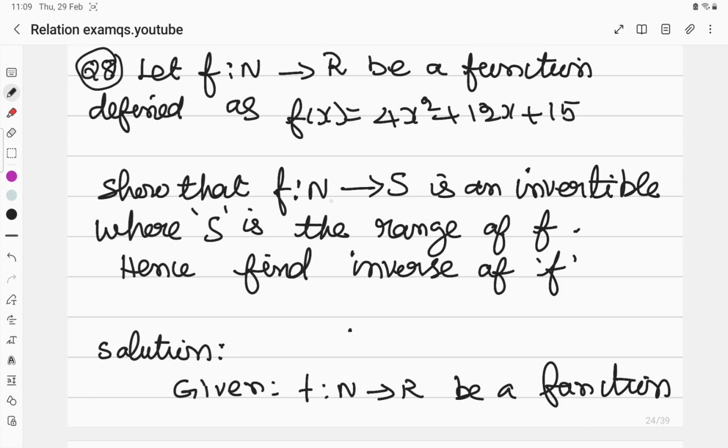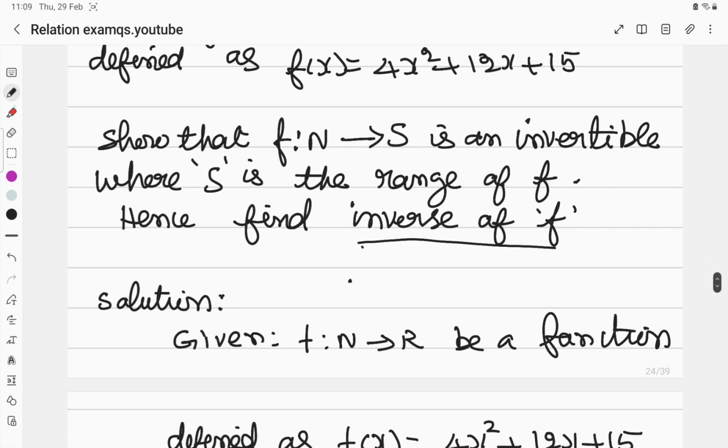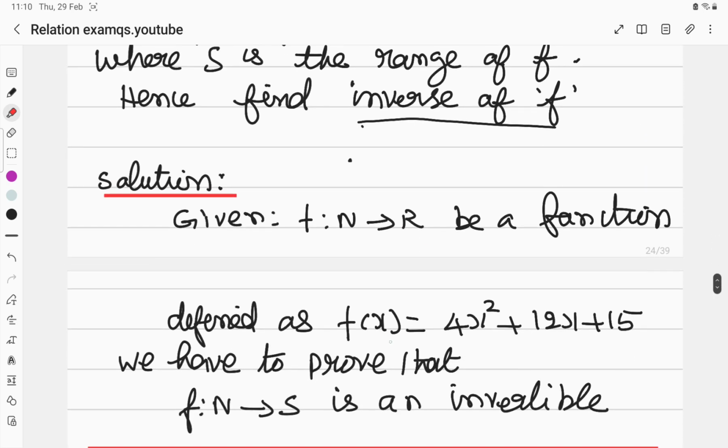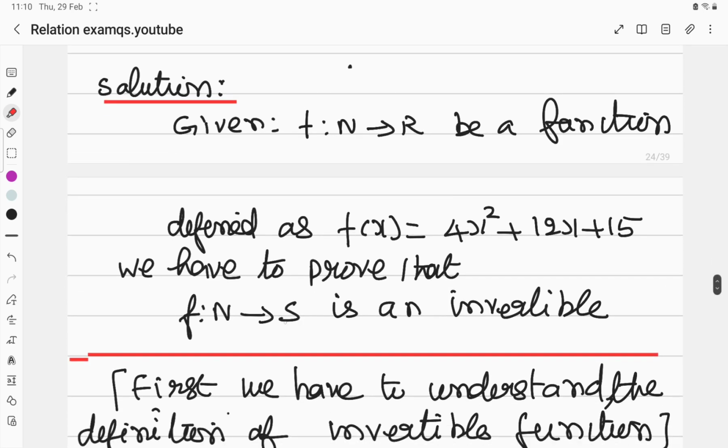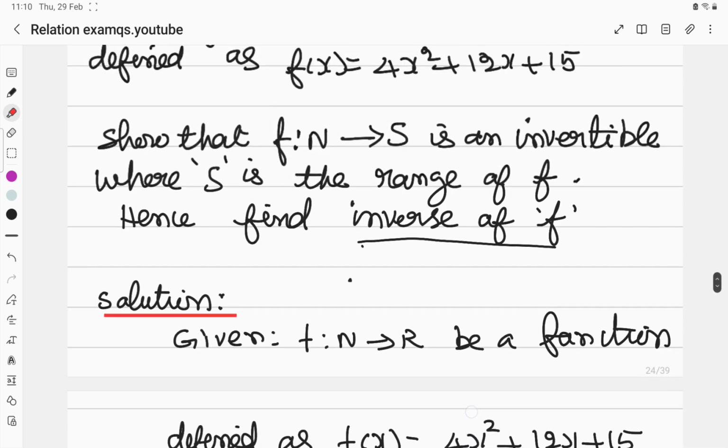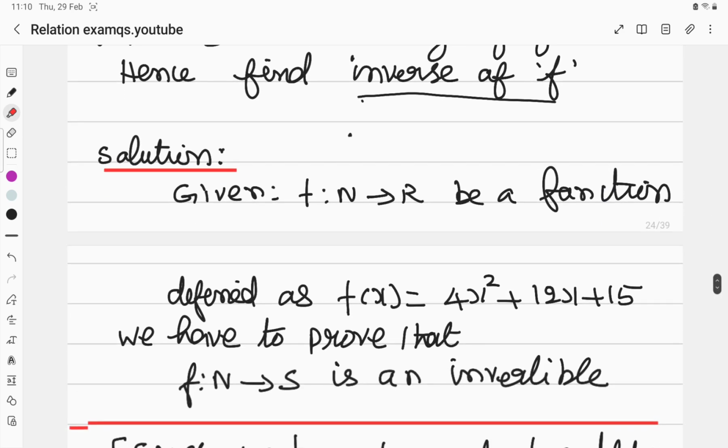Show that f from R to S, where S is the range of f, is invertible. Find the inverse of f. Solution. We have to prove that f from R to S is invertible, where S is the range of f.